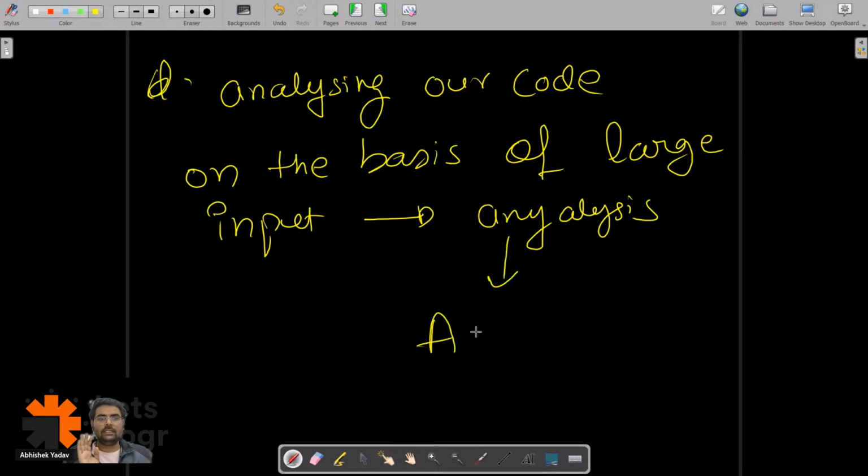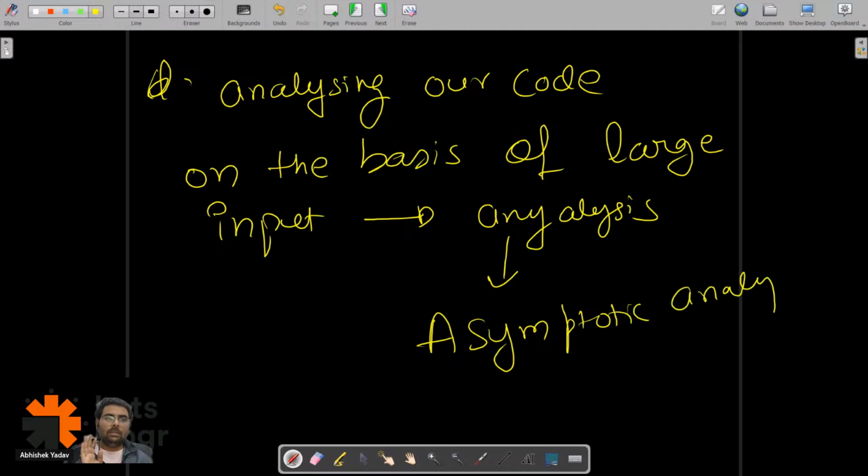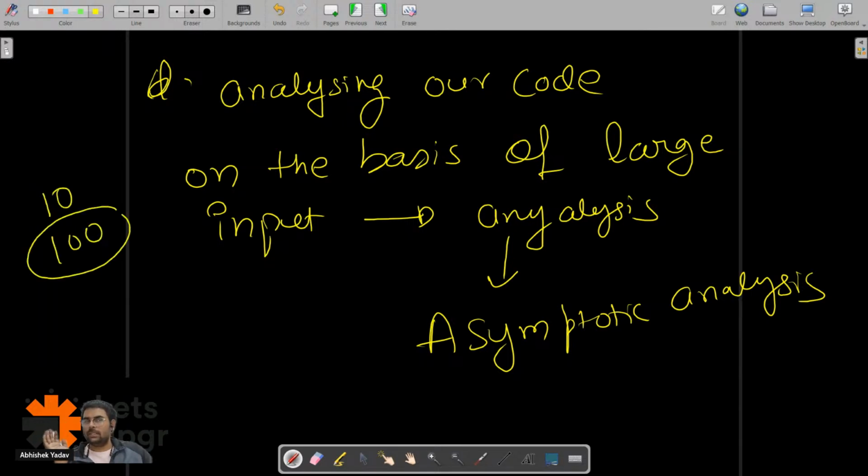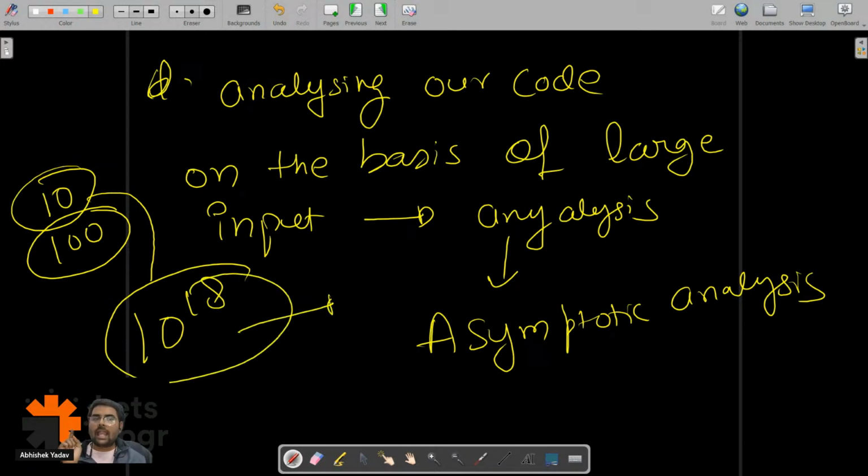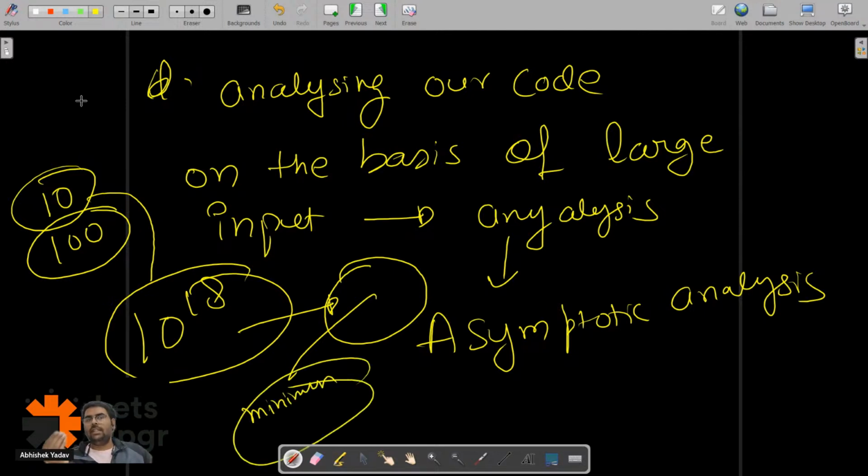Any company will not take input as 10 or 100. Amazon is not affected by 100 customers. They want a solution that can take 10 to the power 18 customers, and your code should give the output in minimum time. So that's why we have to optimize the code. That's why time complexity is important.